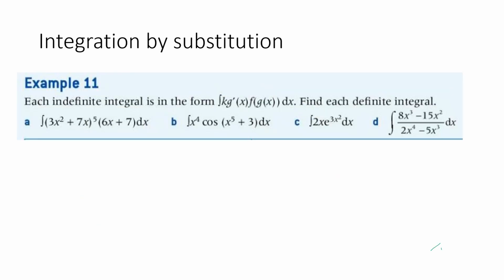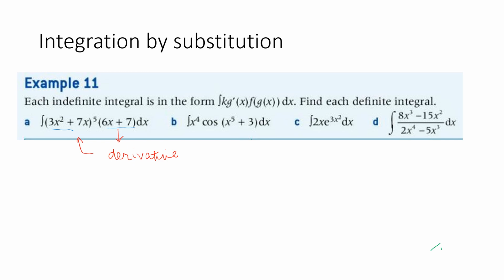Let's try to work on example A. It looks like we have an integrand which is a multiplication of two factors. But what is noticeable here is that one of the functions is a derivative of the other function. So this is the derivative of that inner function, 3x squared plus 7x.